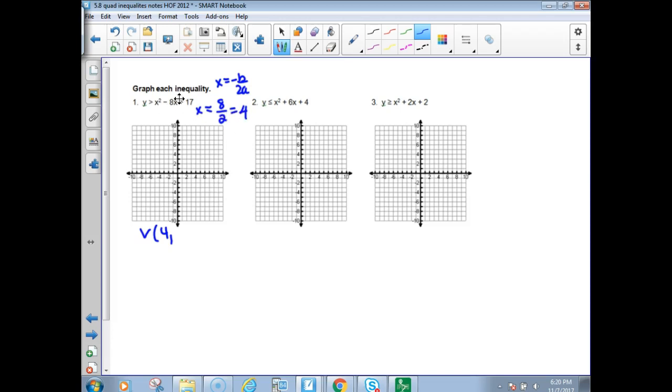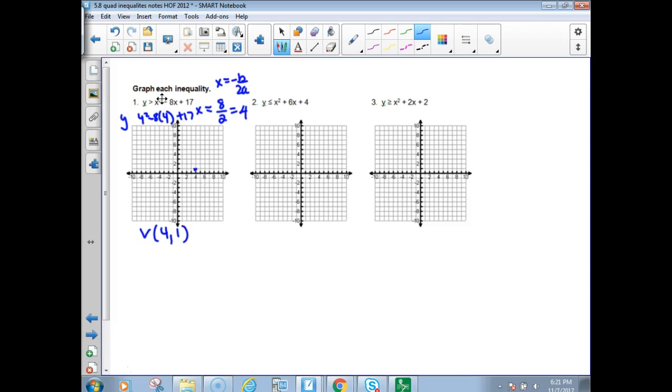If we substitute 4 back into the inequality, or just into the equation, we're going to want to evaluate 4 squared minus 8 times 4 plus 17. Now that's 16 minus 32, which would be -16, plus 17, which is 1. So our vertex is at (4, 1).